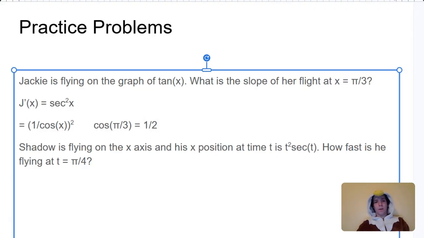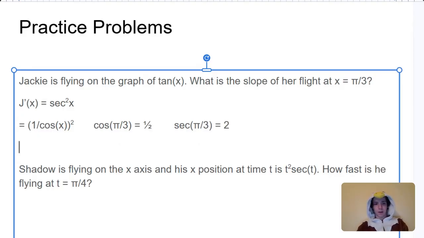So 1 over cosine of pi over 3, which is the secant of pi over 3, that's going to be 2. So secant squared of pi over 3 is going to be 4. So j prime of pi over 3 is 4, and that's the slope of Jackie's flight.